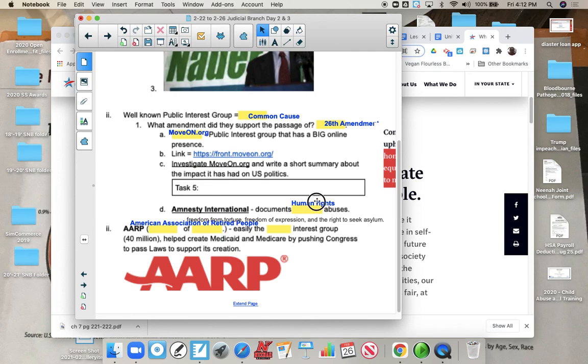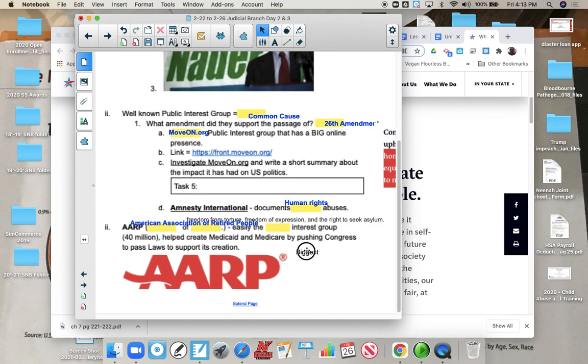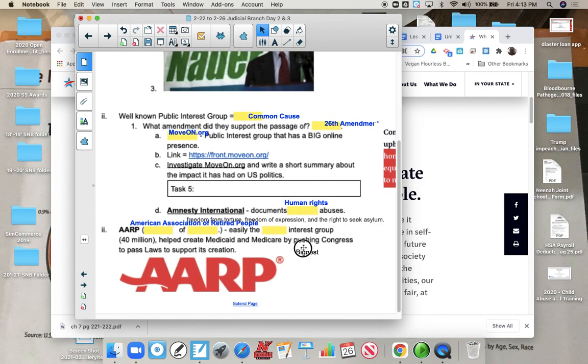It's easily the biggest interest group because they have such a large following.